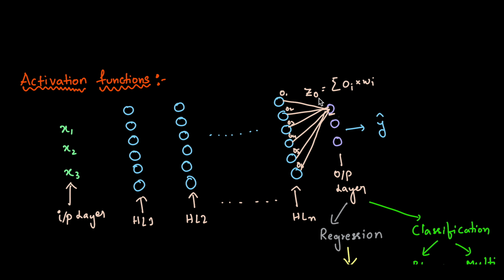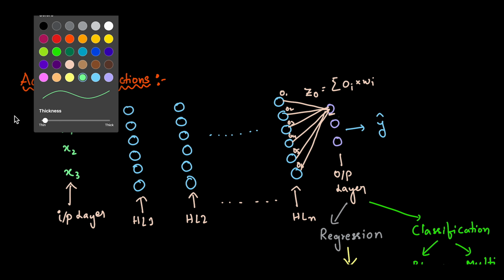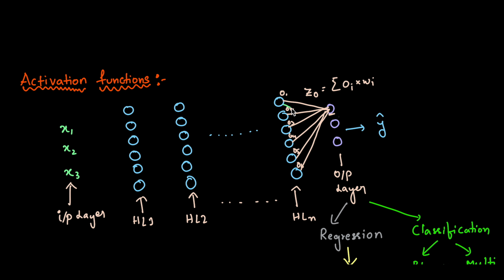And similarly, we'll be getting Z1, which is connecting O1 to this second neuron, and O2, O3, O4, O5, and O6 to the second neuron. Like that, we'll be having Z1, and also we'll be having Z2 in case of the third neuron.